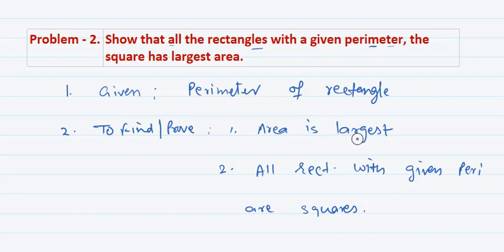As I told you, the statement with largest, least, at most, at least will be used to frame the function. So here area will be used to frame the function, and then on calculation of the double derivative of this function, we can prove that the area is largest. And the second, all rectangles are squares. If we prove that the dimensions of the rectangle, that is length and breadth, are equal, then we can easily say that the rectangles are squares.